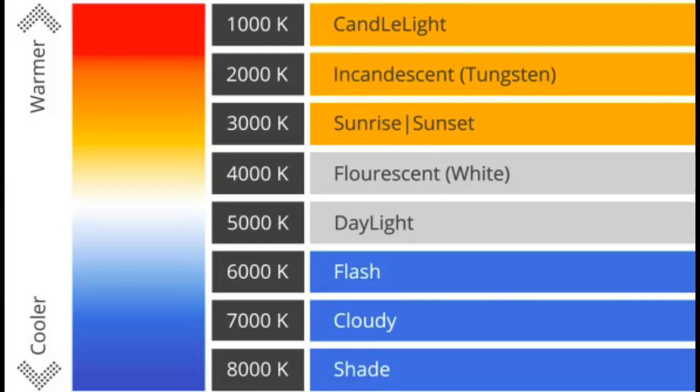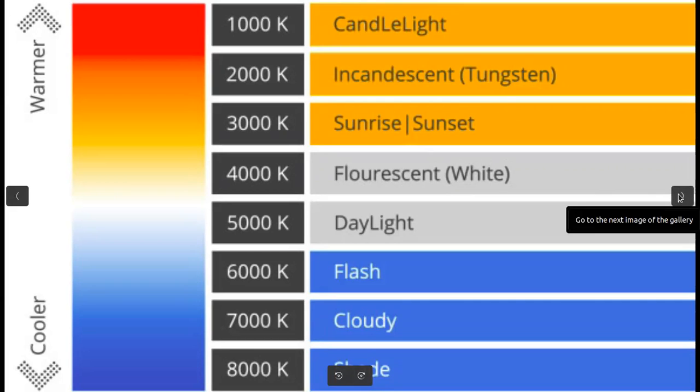The camera will then understand that whatever environment the photo is taken in, there is a cast of yellow. So the camera will remove the yellow cast from the photo, and the actual colors will be captured and reproduced. Is it clear now?